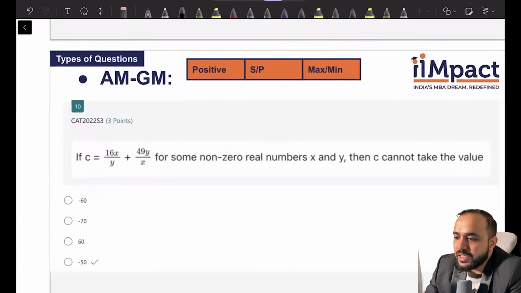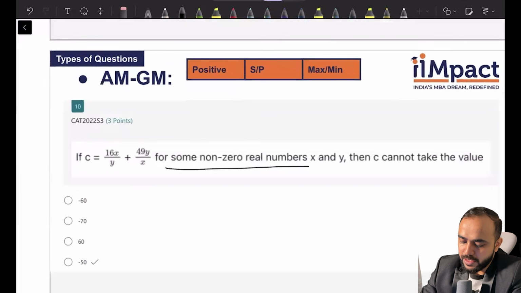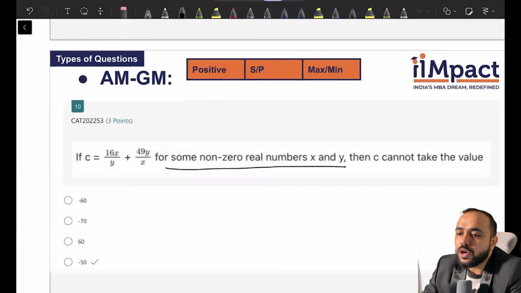C is equal to 16x by y plus 49y by x for some non-zero real numbers x and y. Then C cannot take the value. Now, this is an important question.